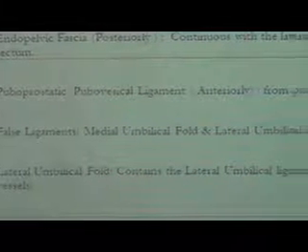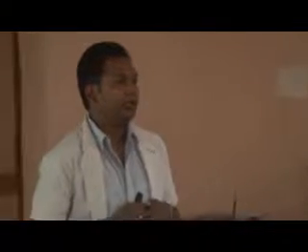And there are two false ligaments, the lateral and medial umbilical folds. The lateral umbilical fold contains the lateral umbilical ligament, and this contains one vessel, the inferior epigastric artery.